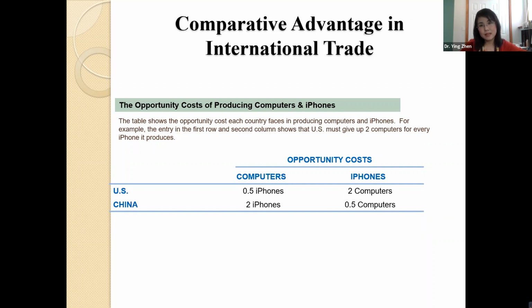An extreme situation is that neither country has a comparative advantage if their trade-offs are equal. So no comparative advantage, therefore no trade. But it's impossible for one party to have a comparative advantage in both.